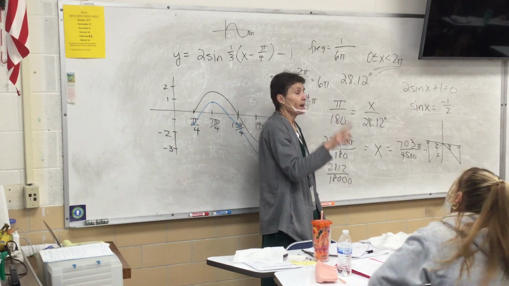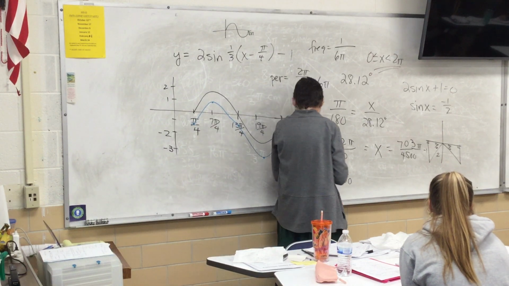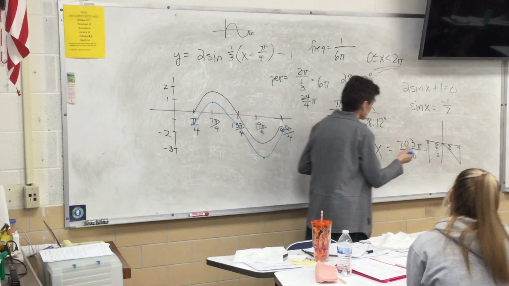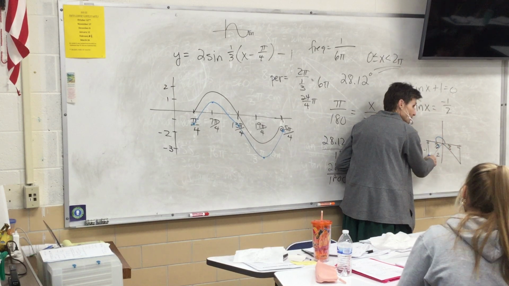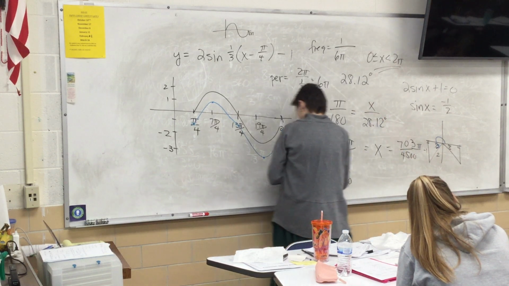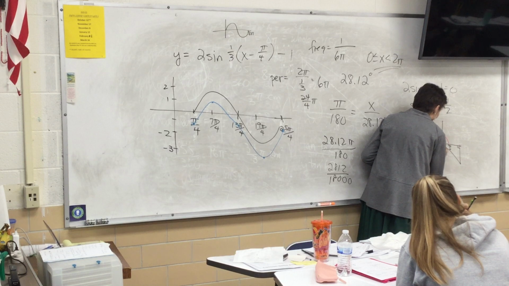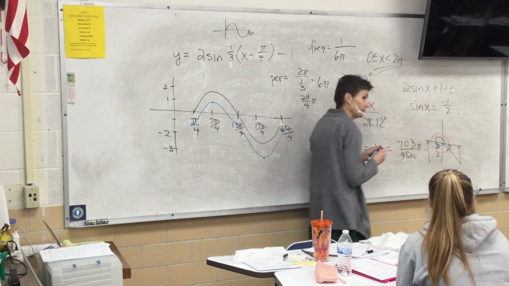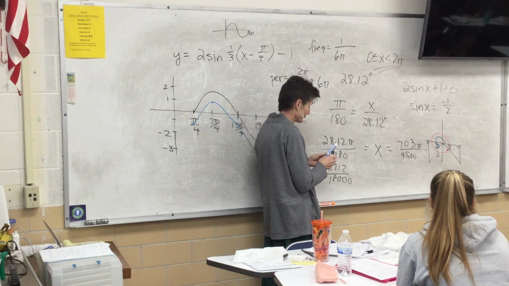Now, is pi over 6 an answer to the question? No. The answers to the question have to be over here in quadrant 3. So the blue one and the red one are the actual answers to the problem. So how do we get the blue one?